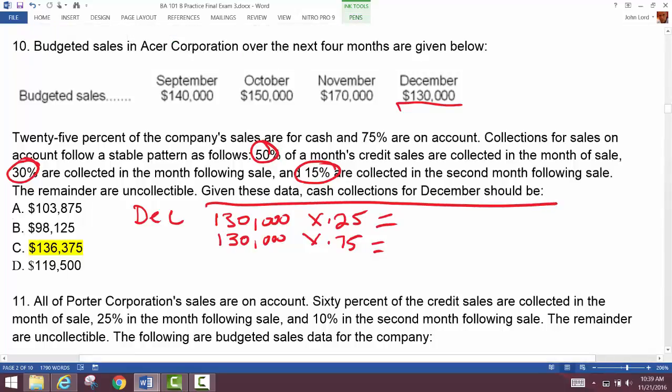So 130,000 times 0.75 is going to give us 97,500.